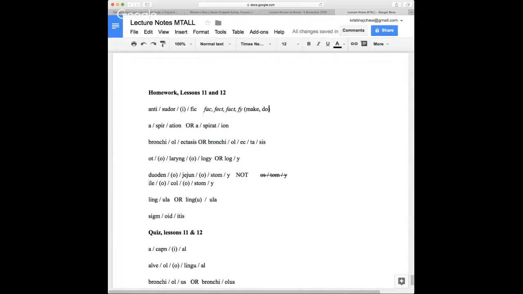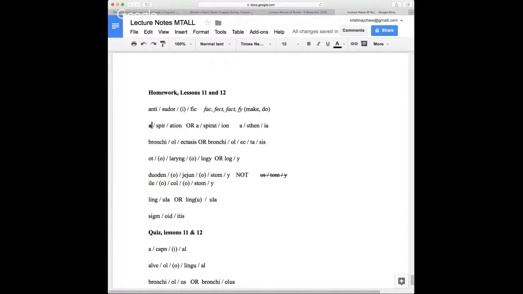Another word that a couple of you had some errors on was aspiration. So that broke down. The A is actually a prefix. It is not the same prefix that means without. In other words, it's not the same prefix that we saw in a word like asthenia, which means a condition of a lack of strength or weakness.